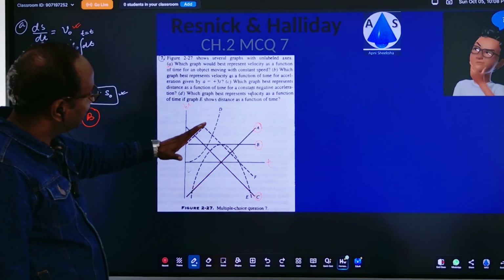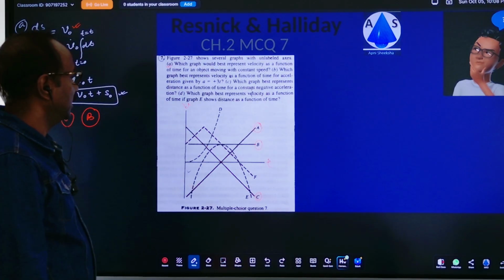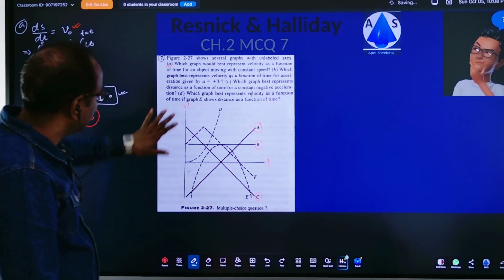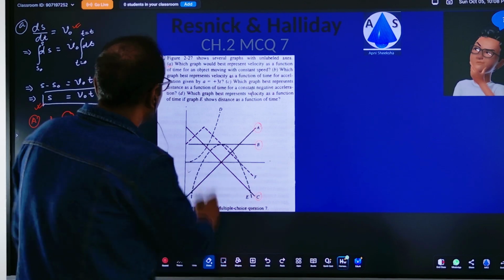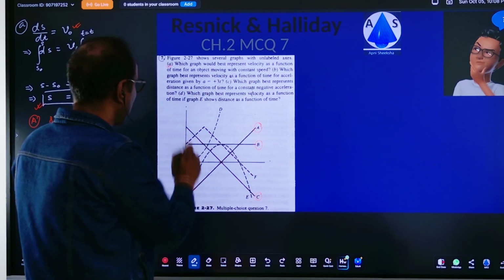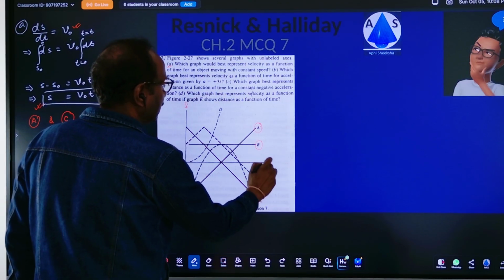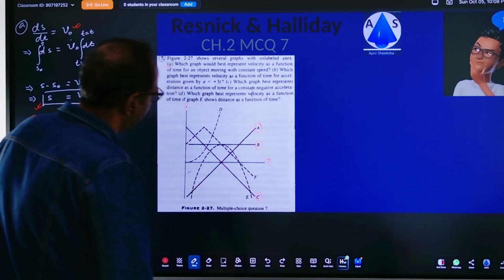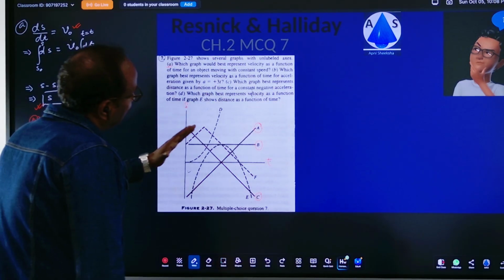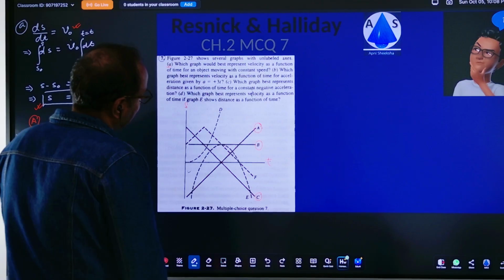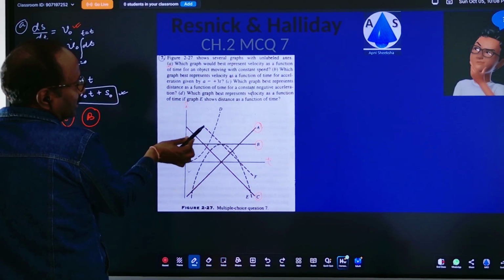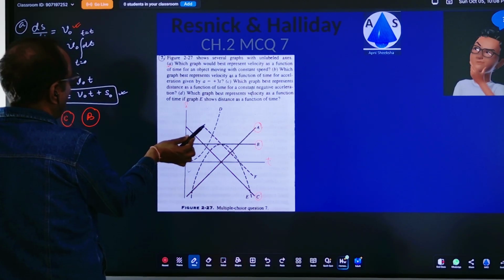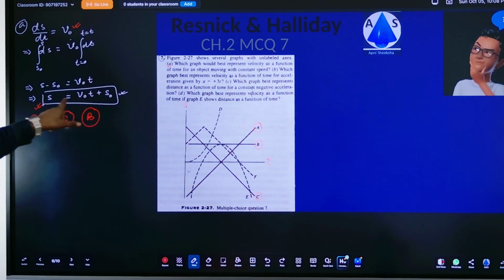In F graph we cannot tell about that, even if we take y-axis as S and x-axis as t, we cannot tell that this is a constant speed graph, because till here it is fine, it is following this straight line equation.